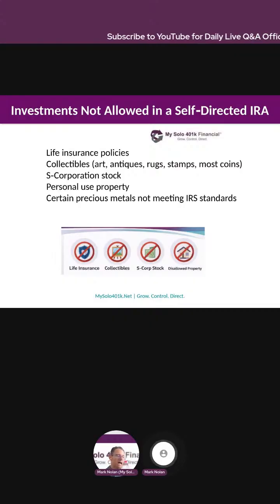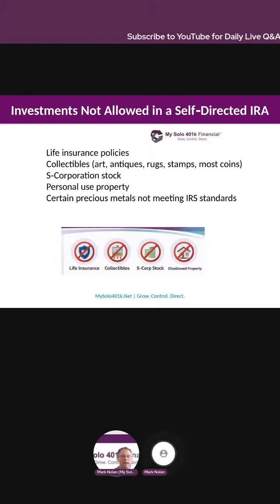Other types of disallowed investments in a self-directed IRA include collectibles, including artwork, antiques, rugs, stamps, coins. Of course, certain coins are allowed, such as gold and silver coins, provided they meet certain purity and type requirements. For example, Canadian Maple Leafs and American Eagle coins are allowed, whether silver or gold.